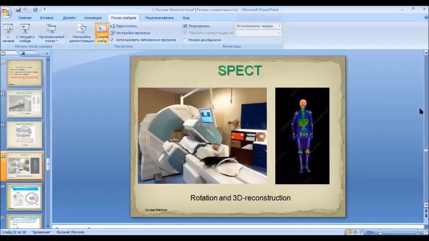The way out was found when rotation and three-dimensional reconstruction was proposed, the next step of nuclear medicine techniques, particularly for single photon emission computed tomography.